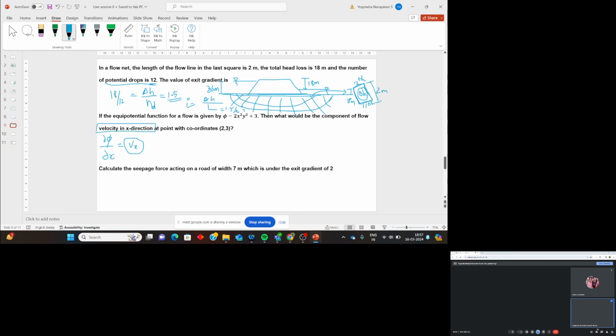So you just partially differentiate phi with respect to x: 4x y squared. With coordinates x is 2, y is 3, that gives 72, right?